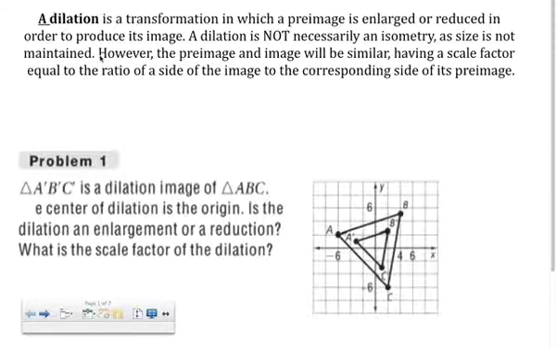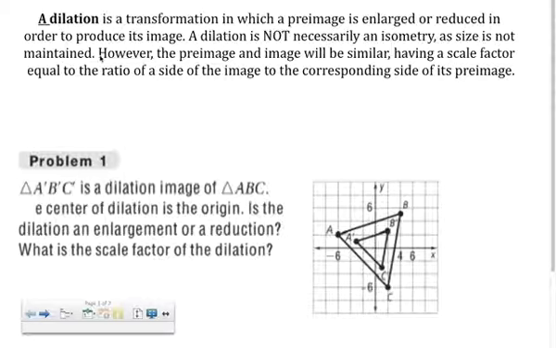You want to be really, really careful when you're identifying or calculating the scale factor that you remember, as indicated in your notes, it's, for example, A prime B prime over AB. Another way to put it, you might want to jot it down in your notes, is new over old.